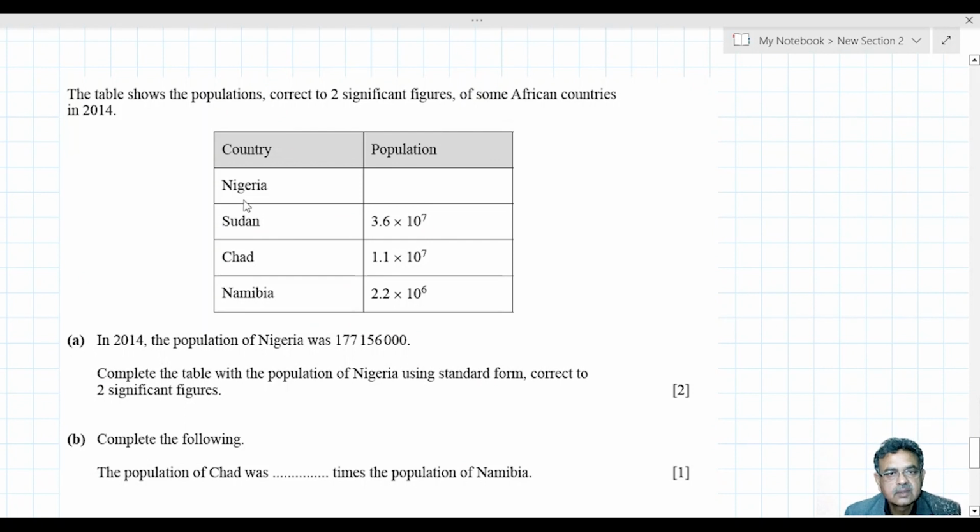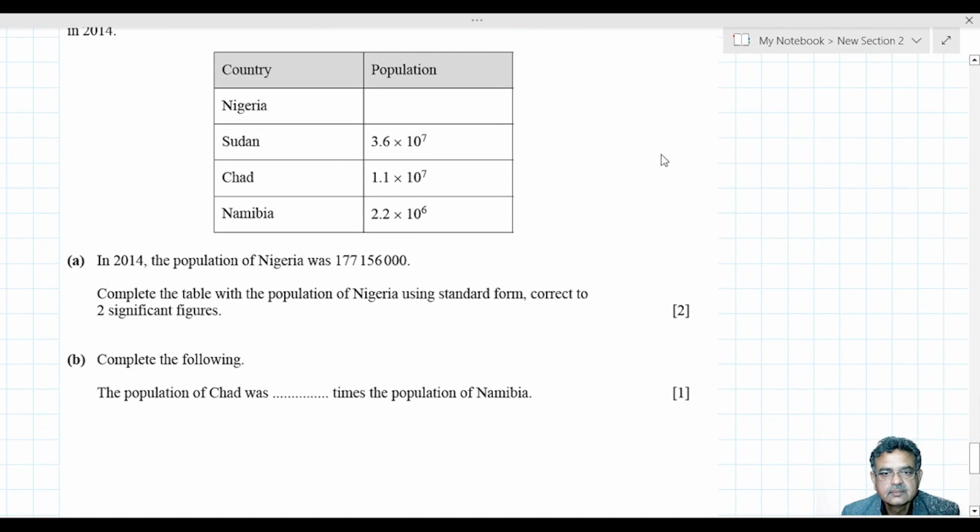Okay. Now, this question: the table shows population correct to two significant figures of some African countries. These values are given. The population of Nigeria was this much. Complete the table with the population of Nigeria using standard form.